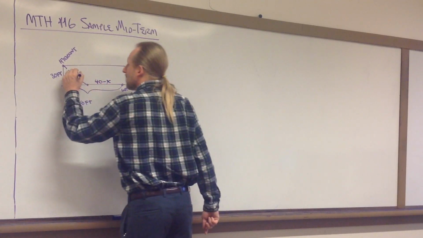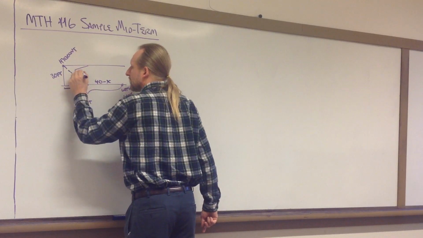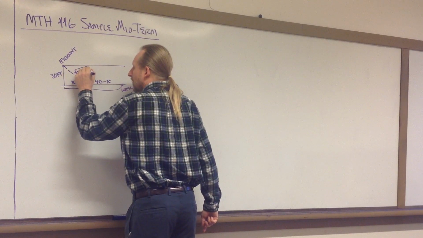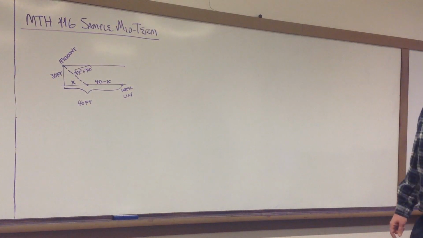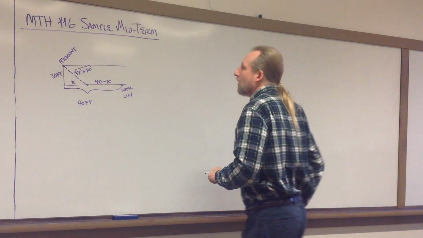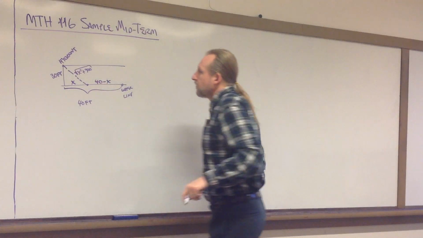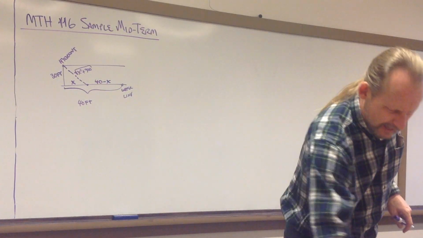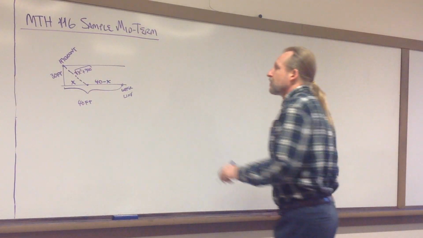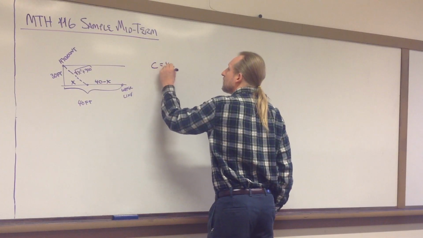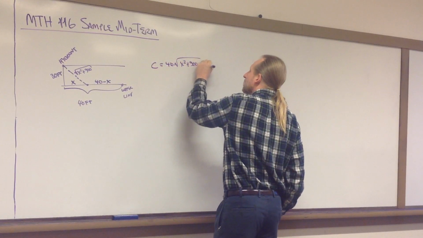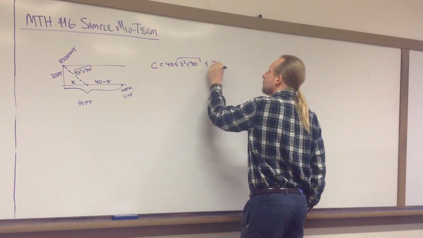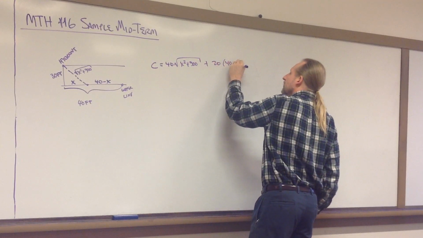And then this length right here, that distance is going to be the square root of x squared plus 30 squared. Okay? All right. So our cost on this one is $40 per foot, and on the other one, $20 per foot. So our cost is going to be 40 square root of x squared plus 900 plus 20 times (40 minus x).